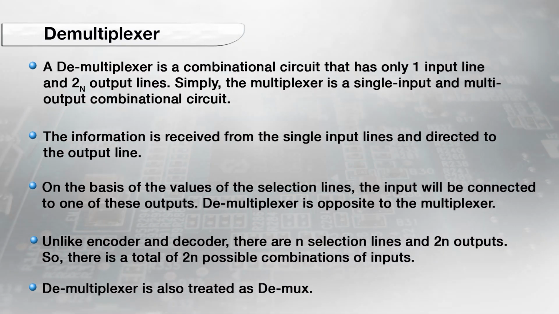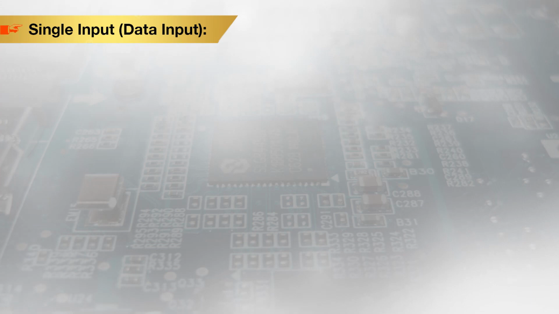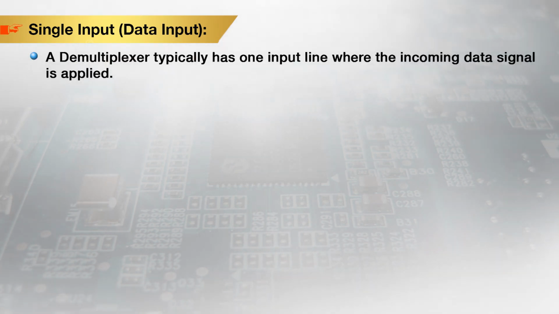Demultiplexer is also called demux. So let's discuss the characteristics and the components of a demultiplexer. First of all, it is a single input device, that is, data input. A demultiplexer typically has one input line where the incoming data signal is applied.